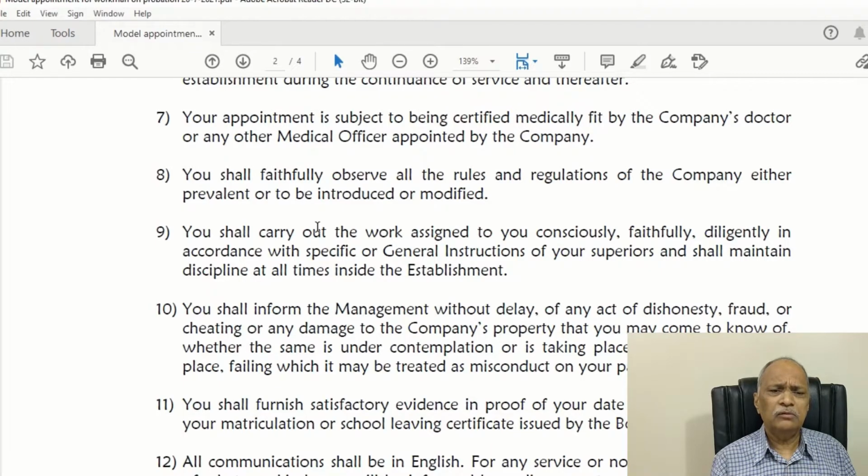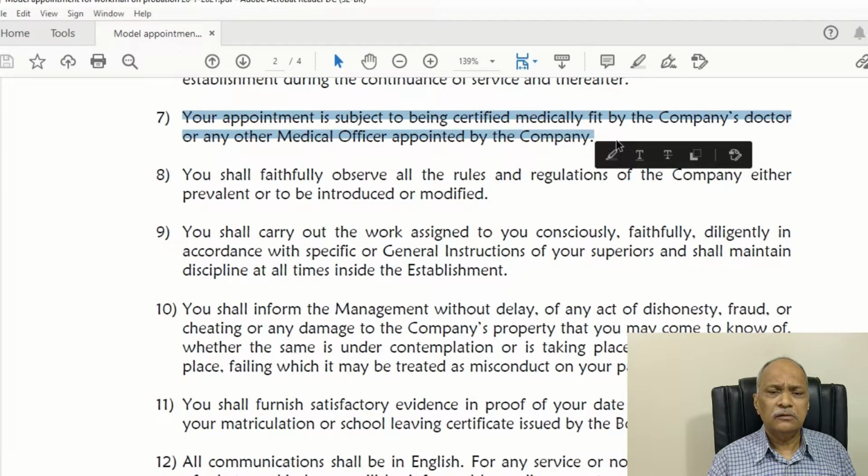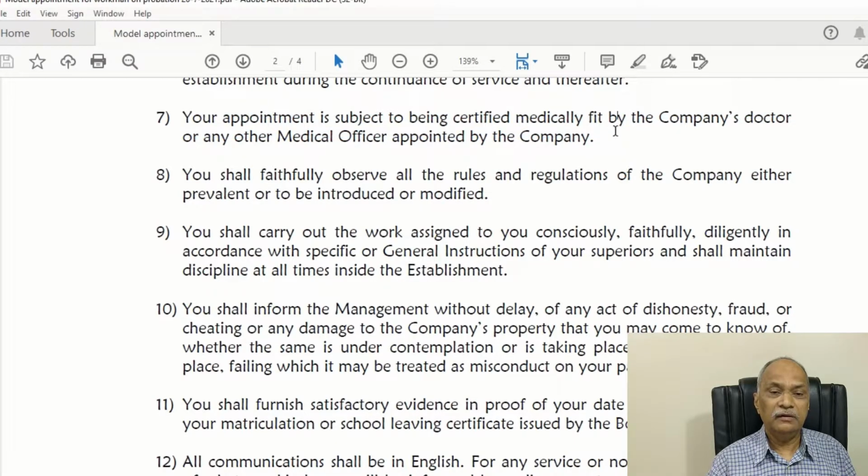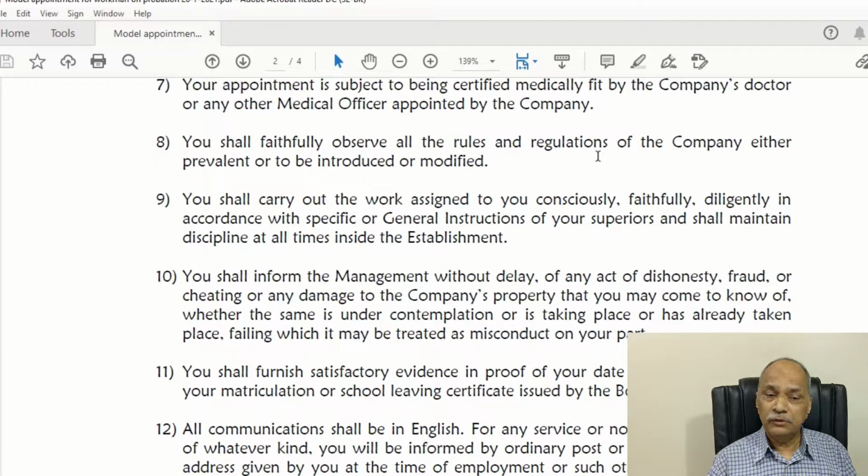It is very important to see at the time of joining the organization that the respective workman is physically fit, and the company has the right to get it certified by the authorized or company's doctor. During the service, the respective workman has to be very punctual, serious and deliver all the rules and regulations and requirements of the organization.